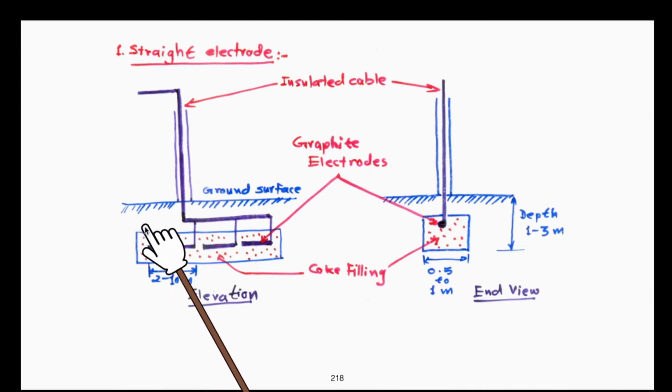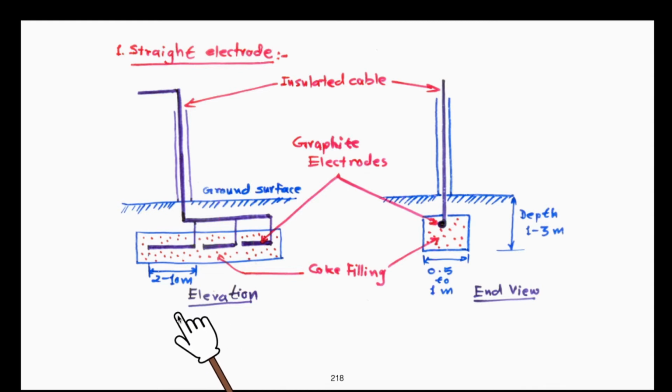Then only it will be able to maintain low resistivity. Fine. And it must be easily approachable by different modes of transport, so that electrodes can be brought out and they can be installed easily, removed. Okay. So keeping those points in mind, the first diagram is the elevation.